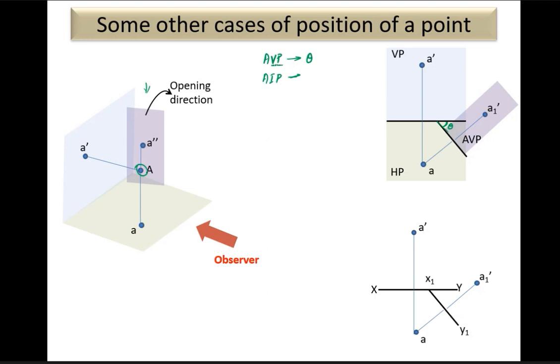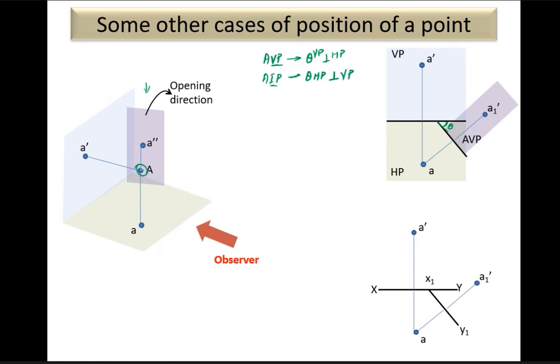The vertical plane is there, it makes a certain angle theta with VP and it is perpendicular to HP, right? And auxiliary inclined plane means it is making an angle theta with HP and it is perpendicular to VP.